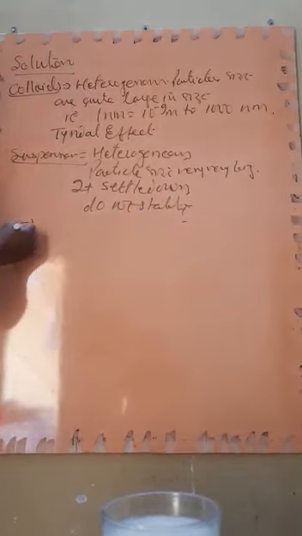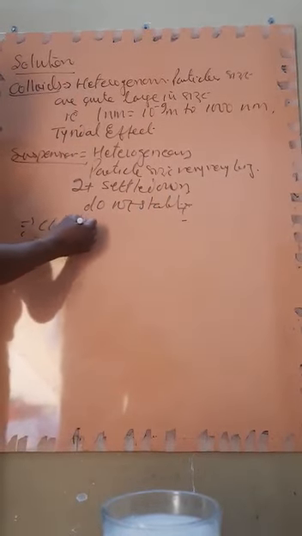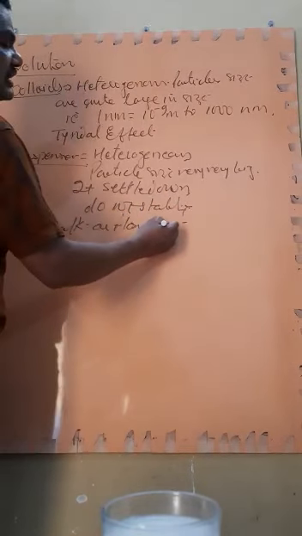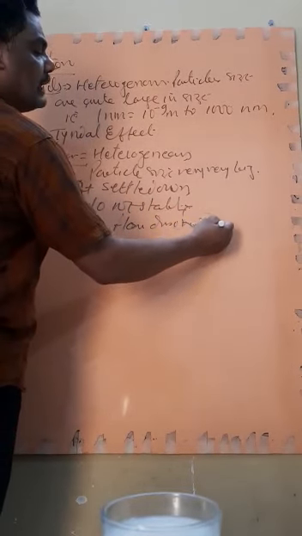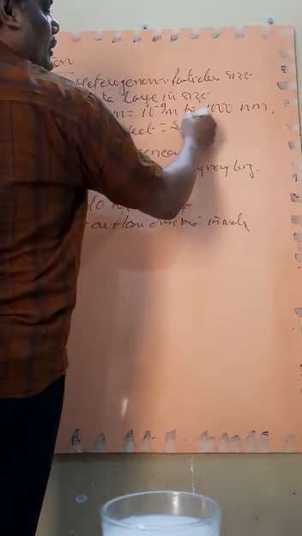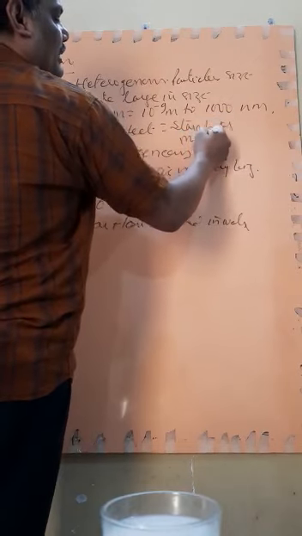Here we have the example of chalk or flour dissolved in water. And for a colloid, this is starch or milk. This is called a colloid. And solution, you know earlier, is sugar in water.